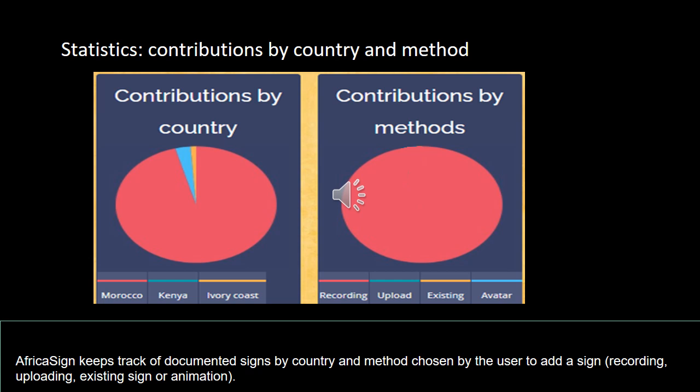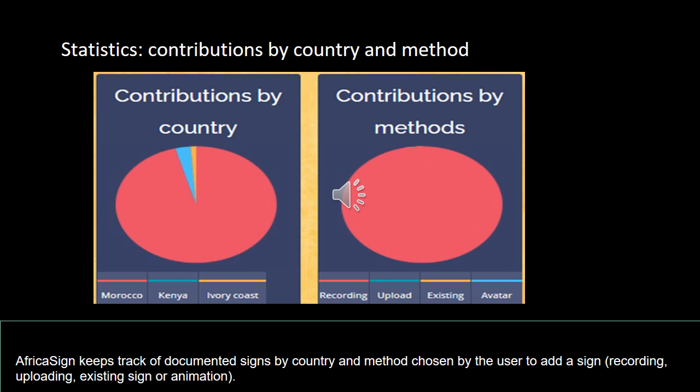As you can see here, we have some data already from Morocco, Kenya, and Ivory Coast. Most signs have been documented from Morocco because so far we have done a lot of dissemination of the platform to the Moroccan deaf community, and there are ongoing efforts to expand the network and, as I mentioned in the previous slide, to duplicate this experience from Morocco to other countries in Africa.